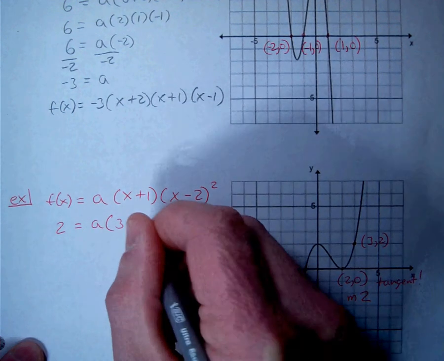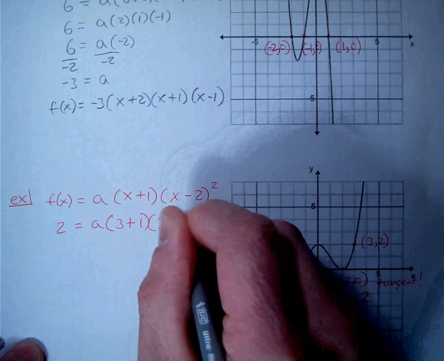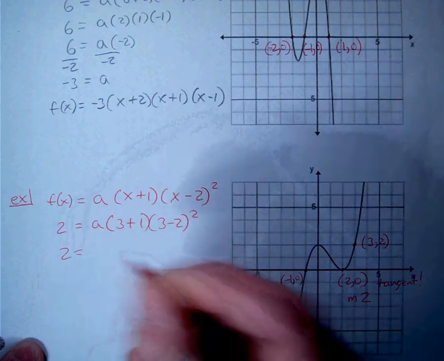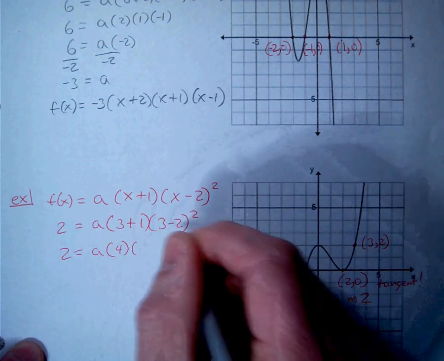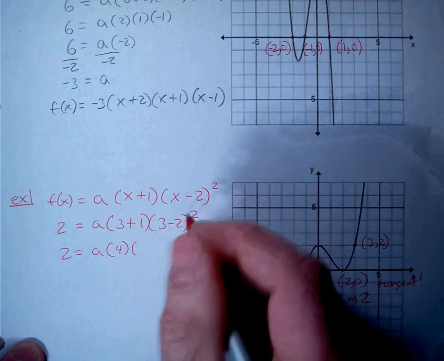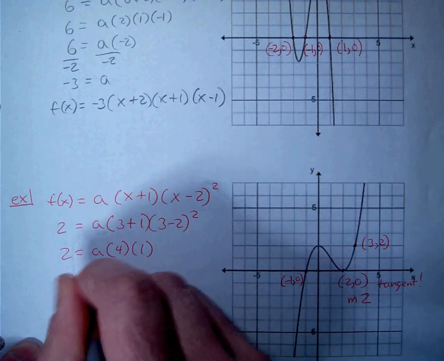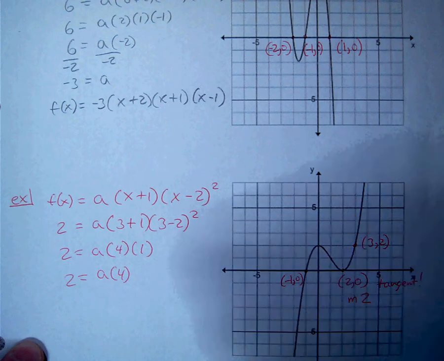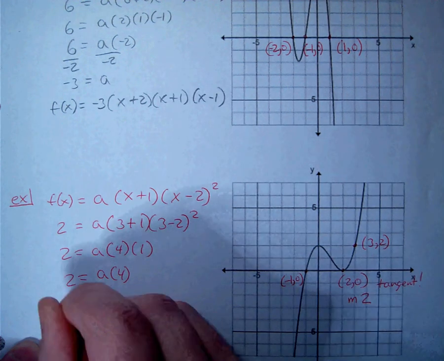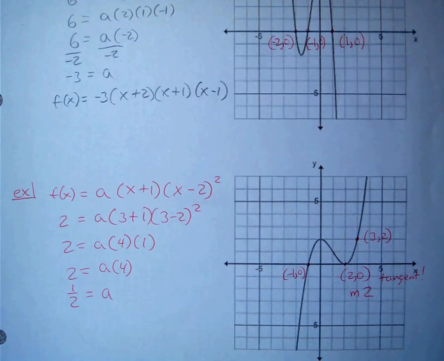Substitute the 3 in for x. 1 squared is 1. So we end up with 2 equals a times 4. Divide by 4. A is going to be equal to 1/2. And that's what you should get as well, even if you used a different extra point.